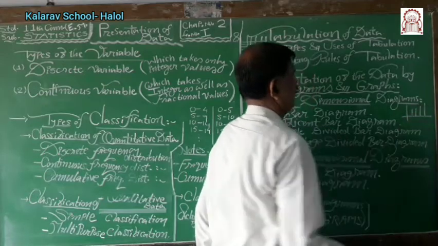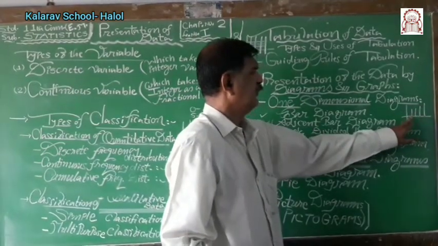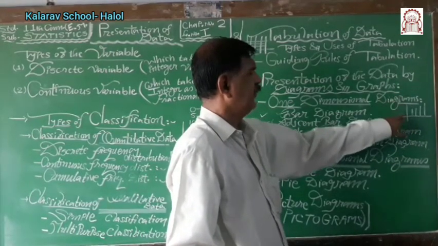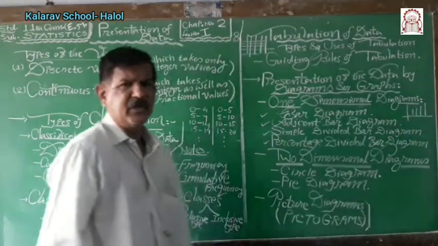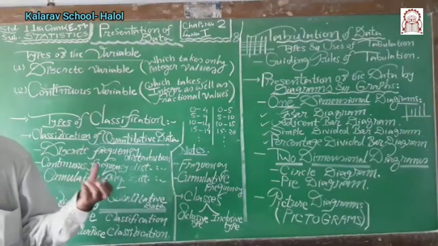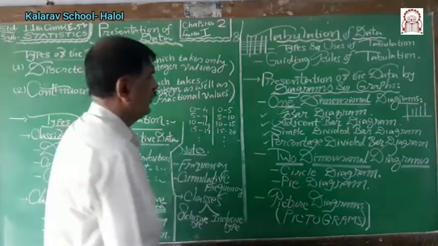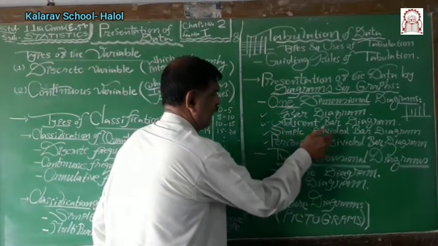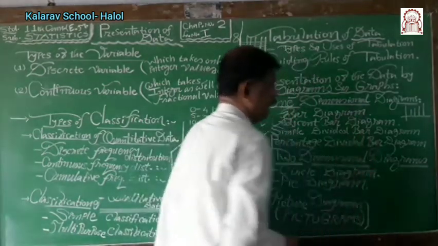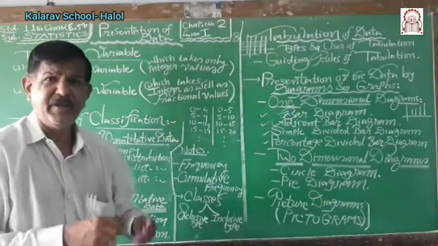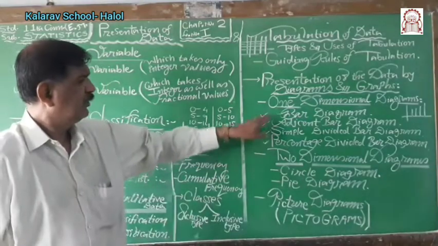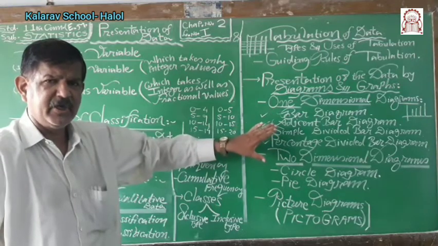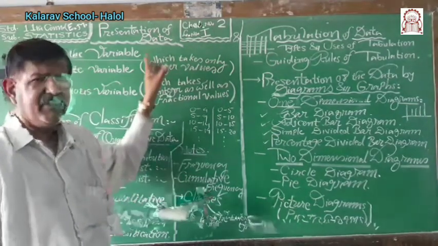On the x-axis years 2011, 2012, 2013, 14, and on the y-axis production, rainfall, sale, profit, etc. In one dimensional diagrams, we study the bar diagram, adjacent bar diagram, simple divided bar diagram and percentage divided bar diagram. These are the different types of diagrams mainly used. They will be more clear at the time of numerical or practical examples. These are the basic fundamentals of this chapter.